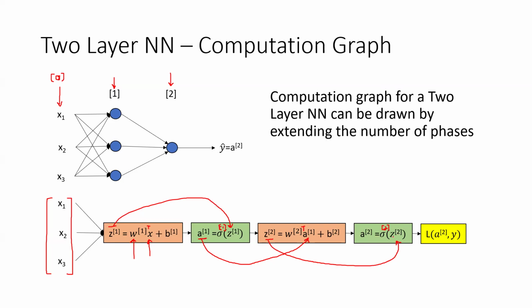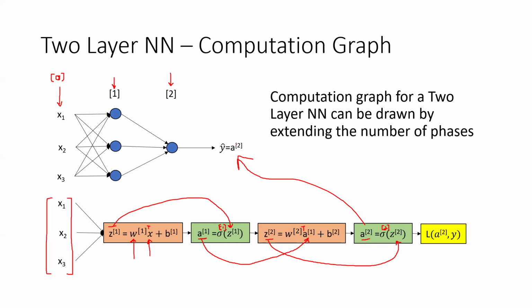And inside this activation function, we can apply the Z2 and we will get the activation value for the second layer, which should be the same as the output of the neural network, right?